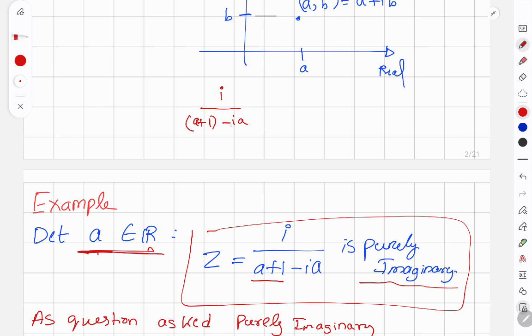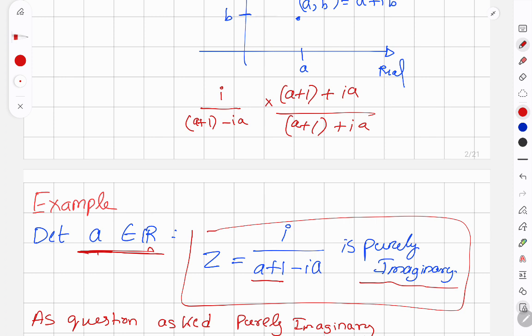This was the real part and this is the imaginary part. So I have to rationalize it. Rationalizing it means multiplying with the complex conjugate of this one. So it's a plus 1 plus ia divided by a plus 1 plus ia. I have multiplied the complex conjugate of this one and divided by it.